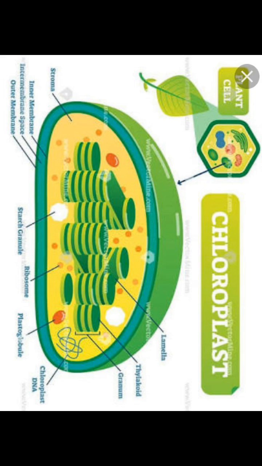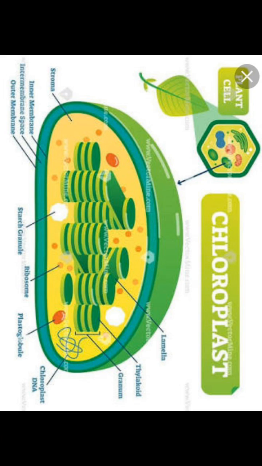Double-stranded circular DNA molecules and ribosomes are present in the stroma, and as usual, chlorophyll is present on the thylakoid membrane. Understand? Next, ribosomes. What type of ribosomes are present in the stroma of the chloroplast?